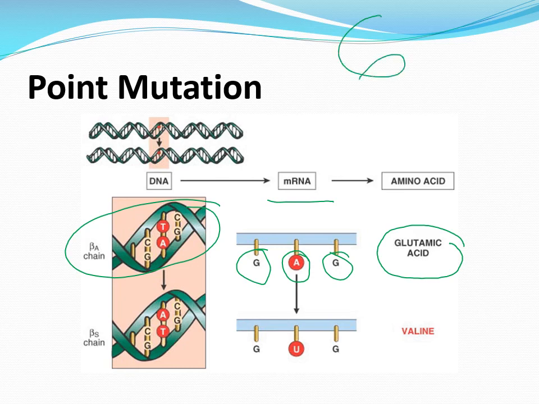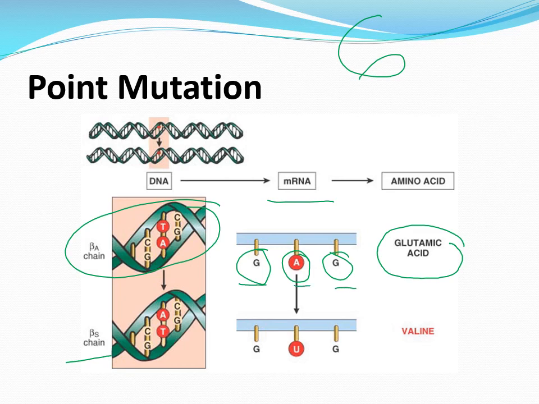Now, when there is a point mutation, remember what we said about point mutation, there is a substitution of one nucleotide base by another. Now, in the abnormal beta chain of the hemoglobin, what will happen? It was supposed to be guanine, adenine, guanine.